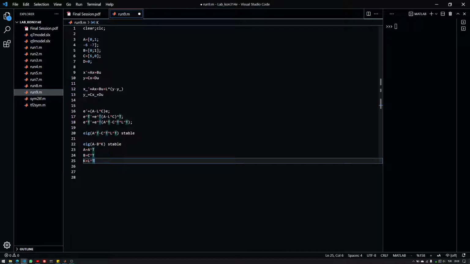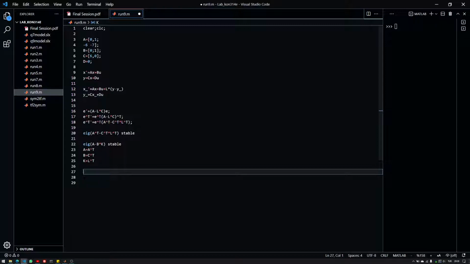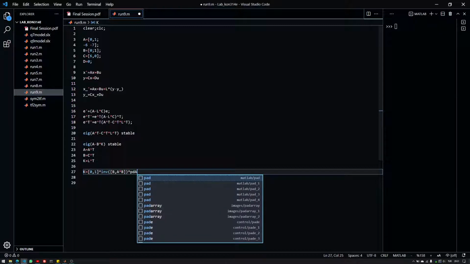So what we can then do is just write down the Ackermann formula. So let's have K equals, and I will use the formula for a 2x2 system. So that's basically it. The inverse of, and then we have B and A times B, times PDA.